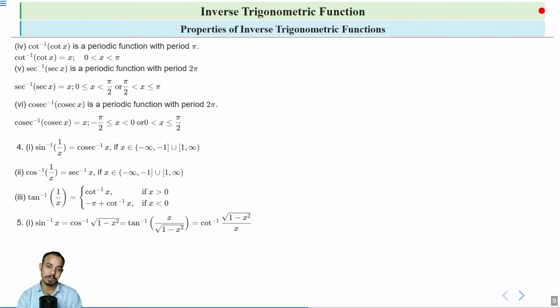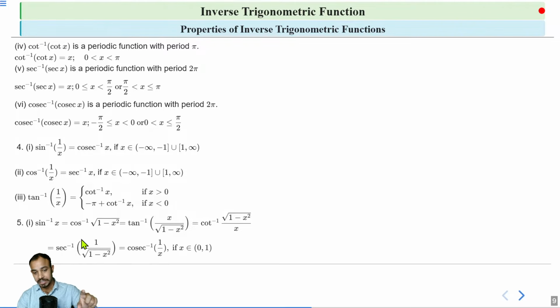So keep in mind sin inverse x is equal to cos inverse of square root of 1 minus x square. This is equal to tan inverse of x by square root of 1 minus x square, and this is equal to cot inverse of square root of 1 minus x square divided by x. Clear? This is how you can remember.